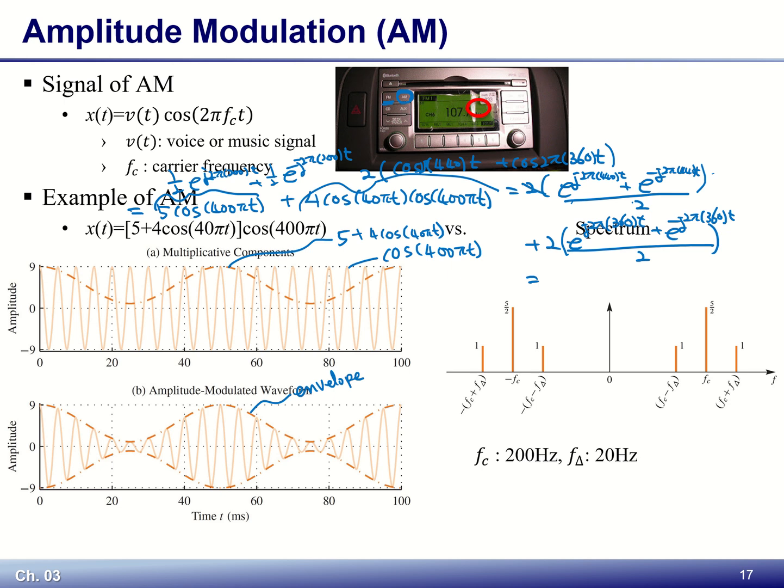So it will be exponential j 2 pi 440t plus exponential minus j 2 pi 440t plus exponential j 2 pi 360t plus exponential j 2 pi minus 360t.